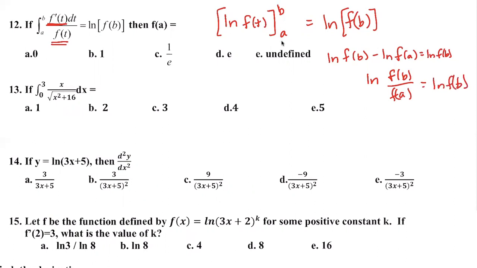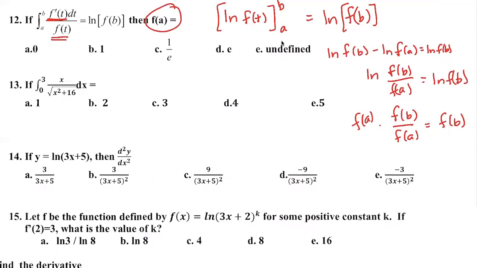Because you have an ln on both sides, you can say that f of b over f of a equals f of b. You're solving for f of a, so you can multiply both sides by f of a and divide by f of b. Then these cancel, and you end up with f of b over f of b equal to f of a. So f of a then is 1.